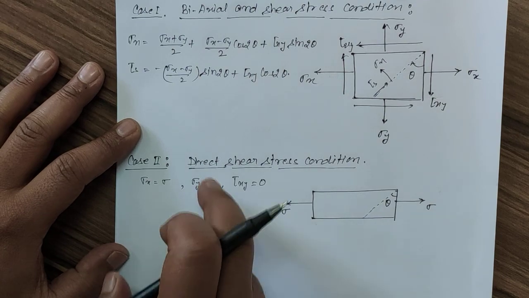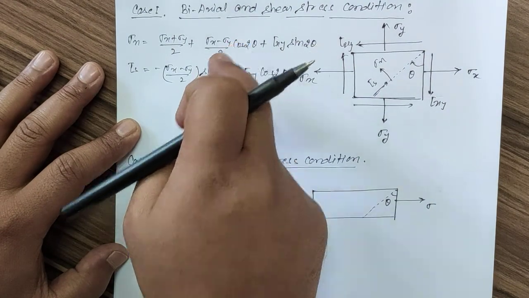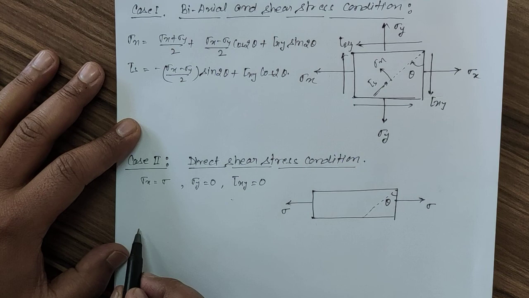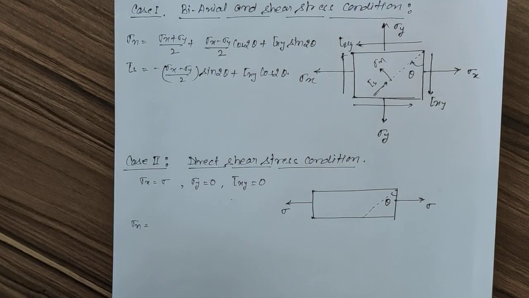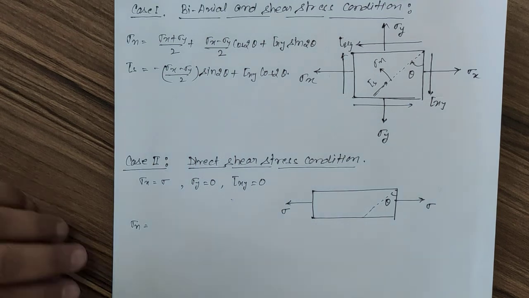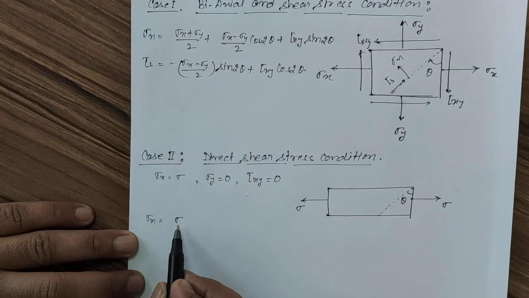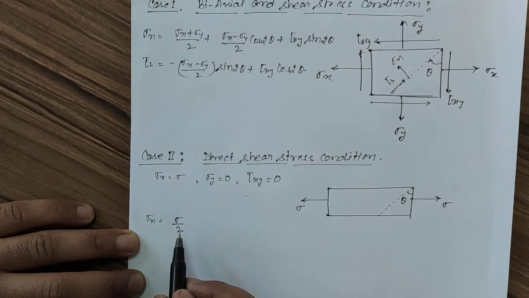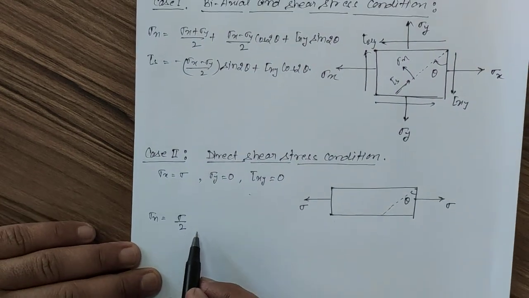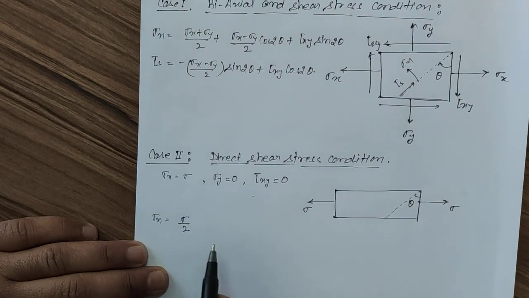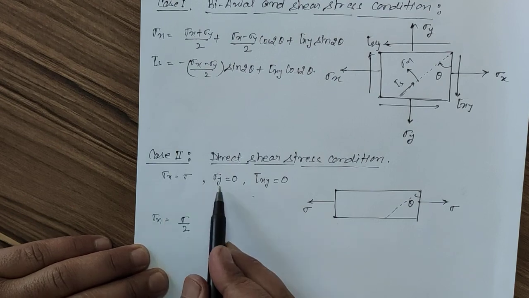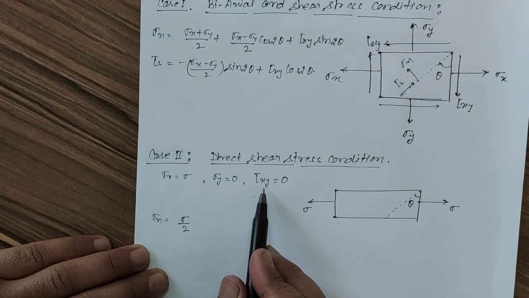Now put these values in sigma n and tau s. We can calculate sigma n, with sigma x equal to sigma, so that is equal to sigma by 2 plus, putting the value of sigma y equal to 0 and tau xy equal to 0.